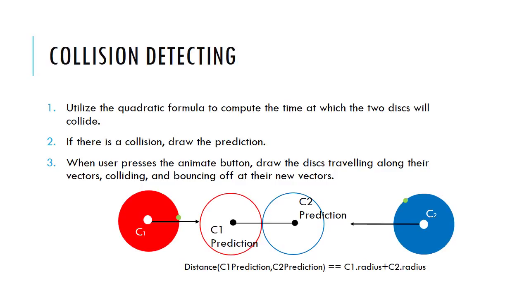And then when the user presses the animate button, the disks are actually drawn, traveling along the vectors that they started with. They collide and then they bounce off at the new vectors. And this only happens when the distance between the centers of the predictions is equal to the sum of the radii.